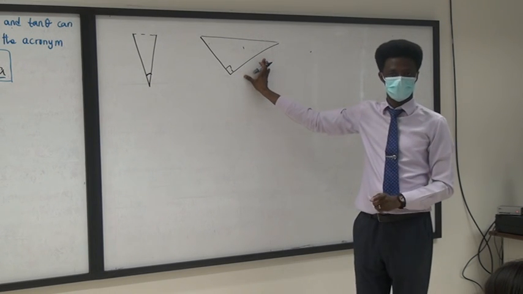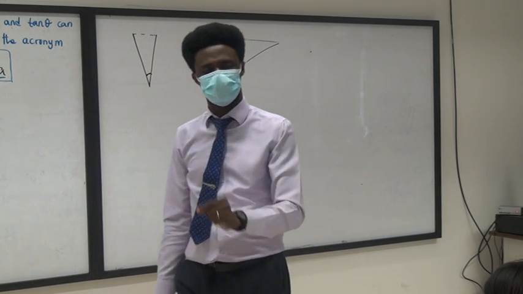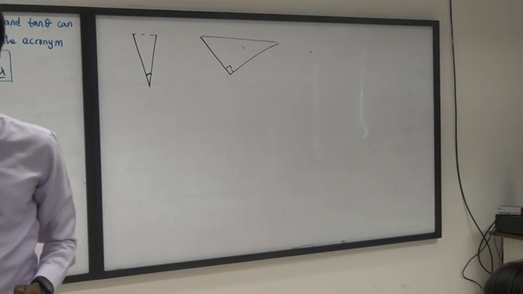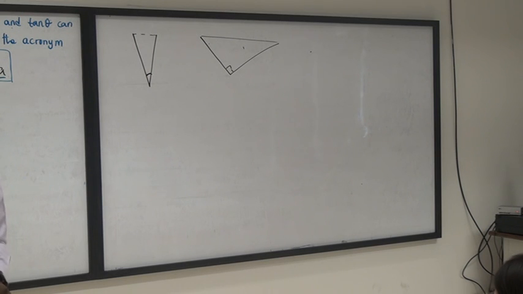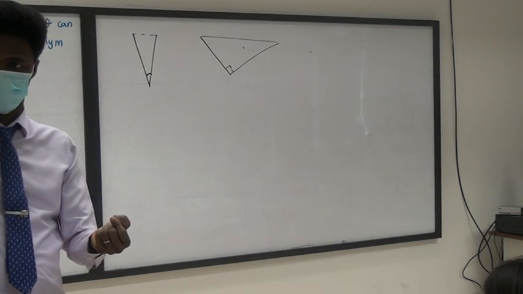In any triangle, the longest side is always facing the largest angle, and the shortest side is always facing the smallest angle.